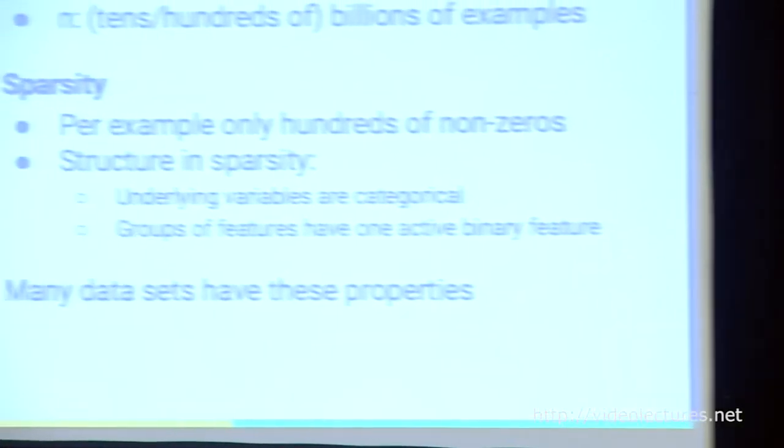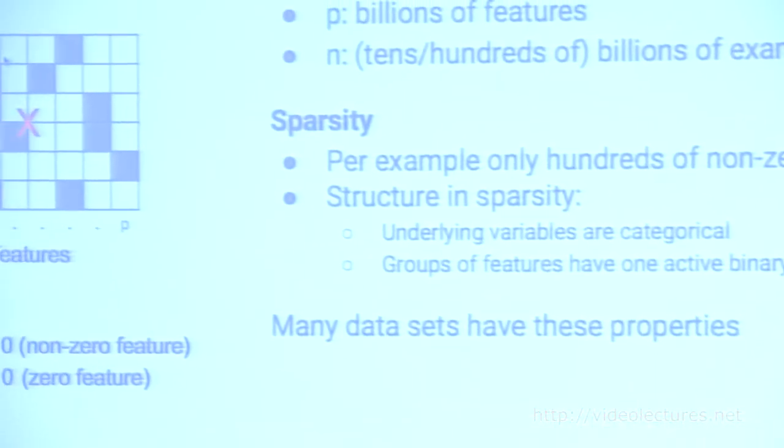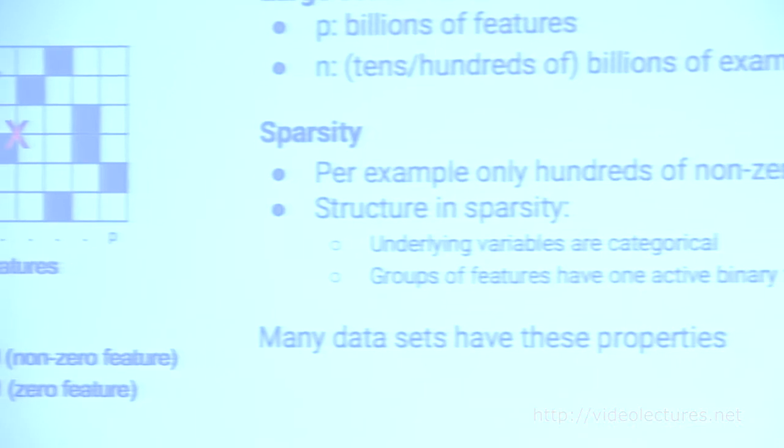In addition, typically if we deal with a lot of features, the data has a lot of sparsity, because having many features usually comes from things like categorical variables, like video IDs and so on, that create a very large number of features and also create, through one hot encoding, a very huge sparsity.